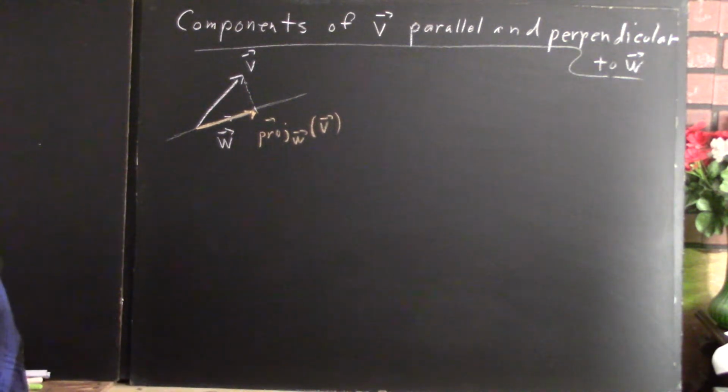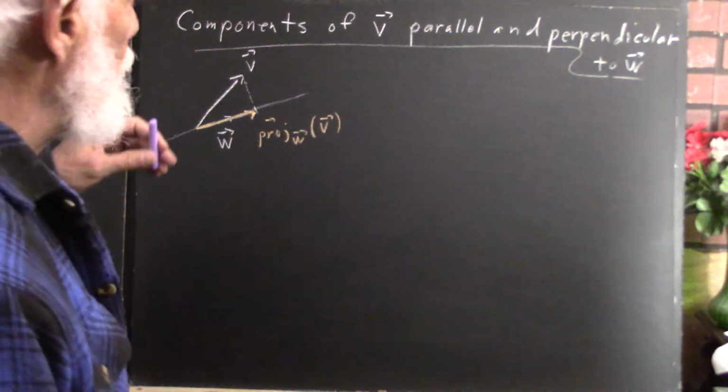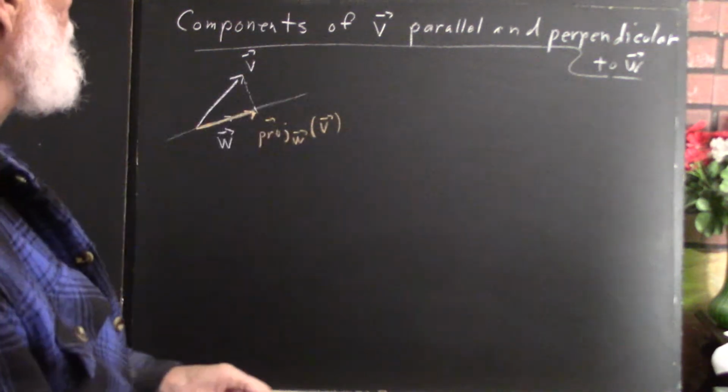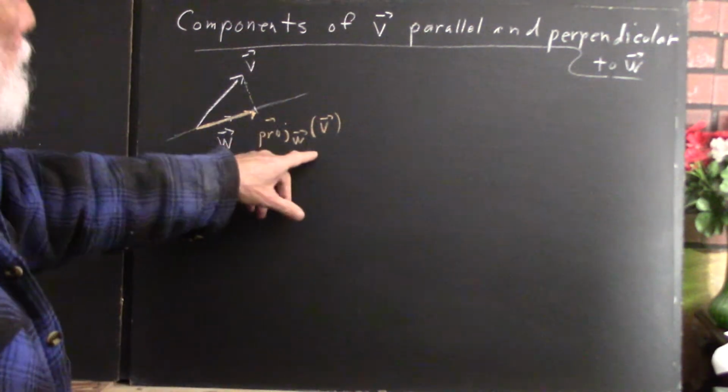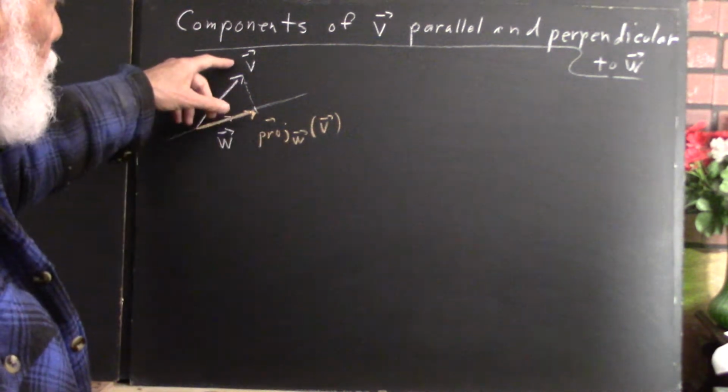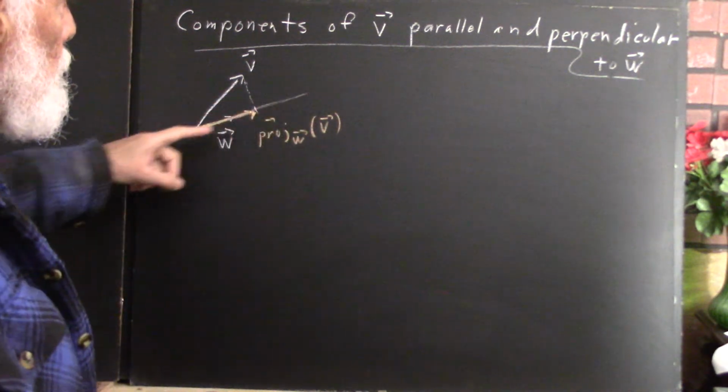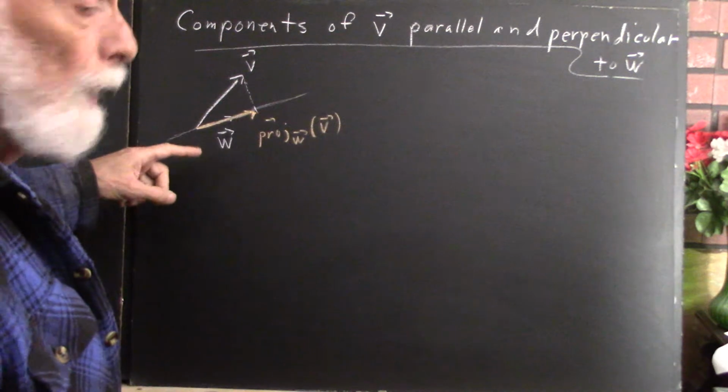Now, what about a component? We would say that this projection is the component of V in the direction of, or parallel to, W.